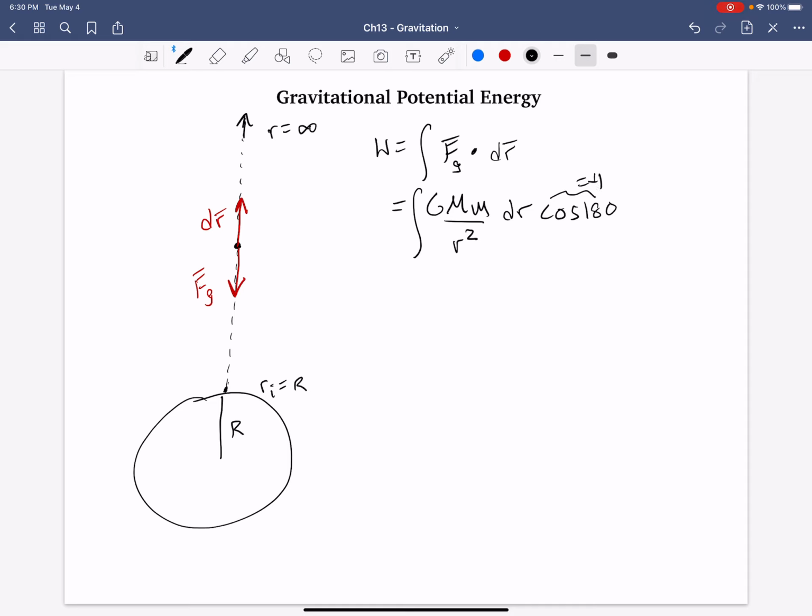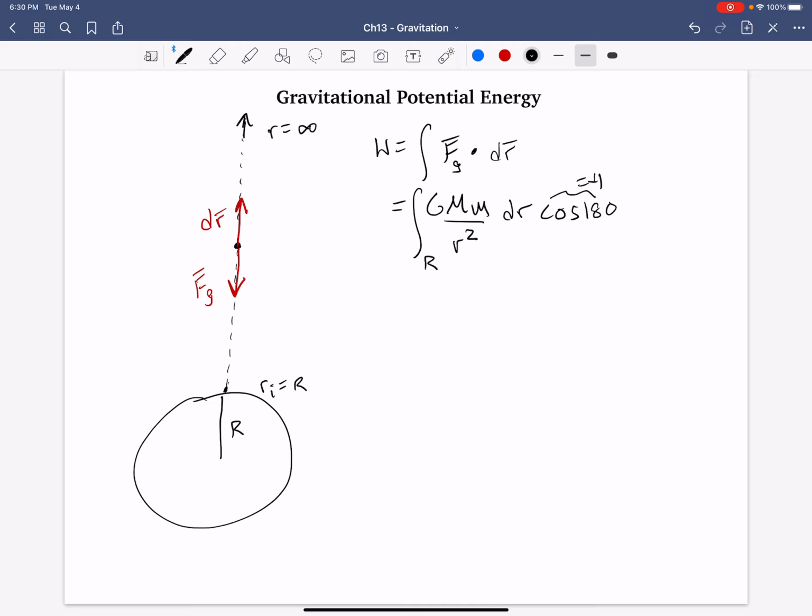All right. What are our limits of integration? What are we integrating from and to? Take, for example, this was a spacecraft. It's launched from the surface, so it starts at a distance capital R, and then after an infinite amount of time, let's say it goes an infinite distance away.